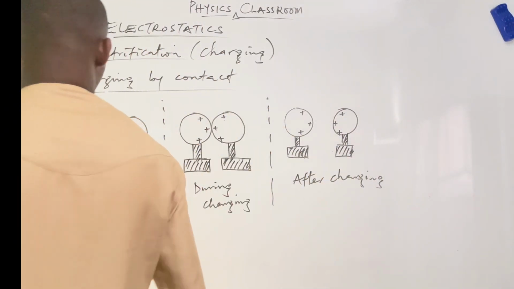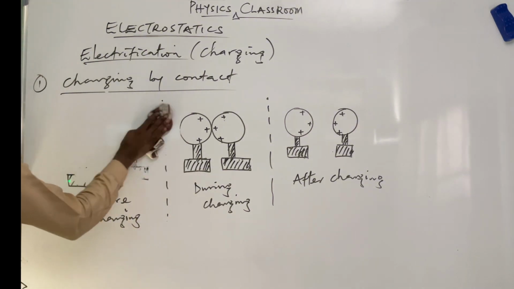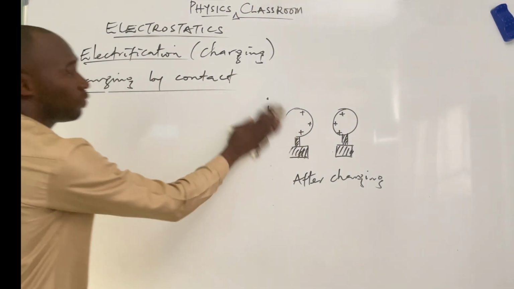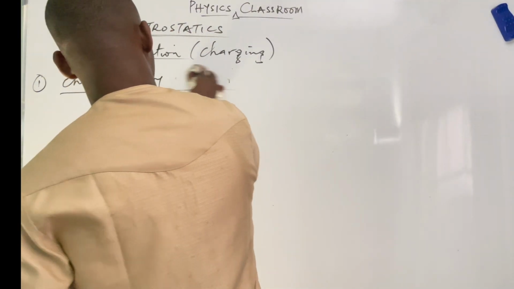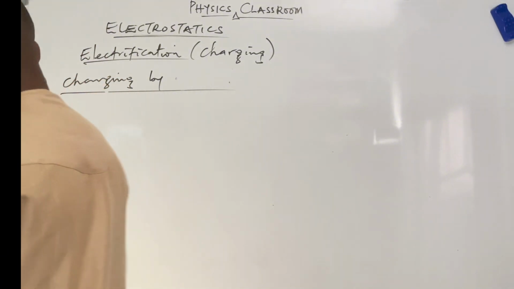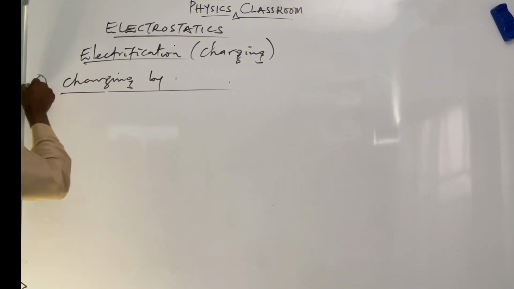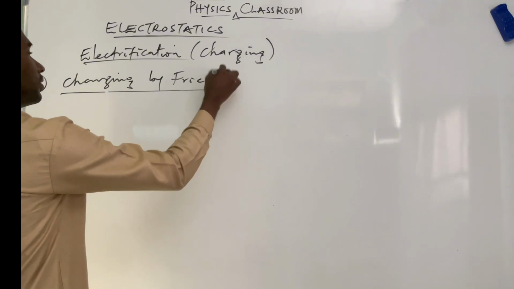The next one is charging by friction. Friction is also another way of contact. So I can say charging by friction can still be under charging by contact. Or we can just decide to take it as number 2, which is charging by friction.